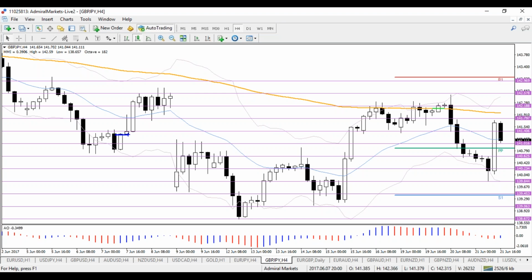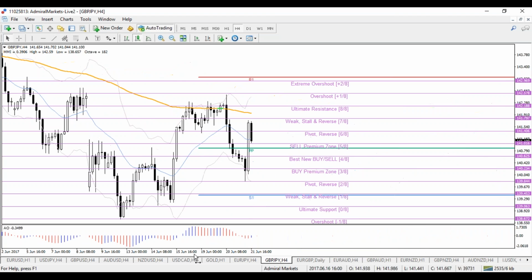And if you take that bounce, for instance, right there at the support, you will get some pips, as you can see, nicely moving to about the 1/8, and that could be a good target, or the 8/8. I would not take this as an example because there was a bit of a gap there, but sorry.